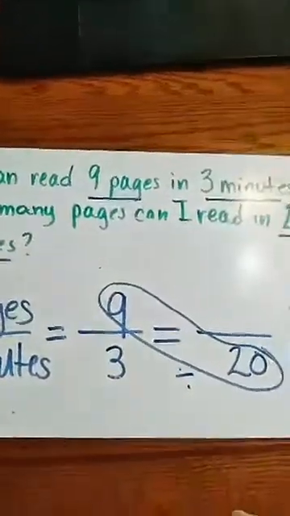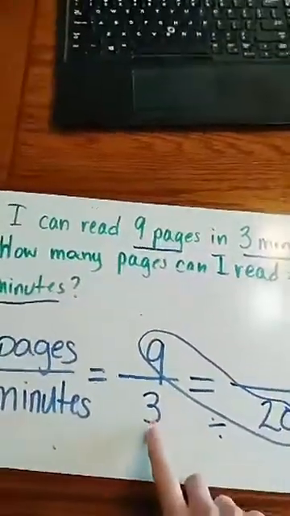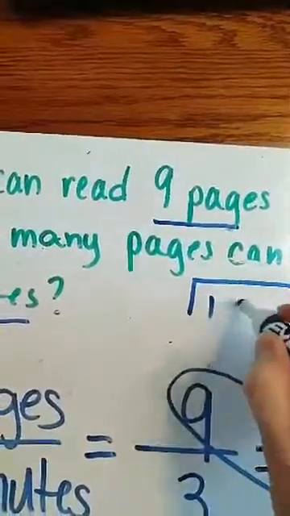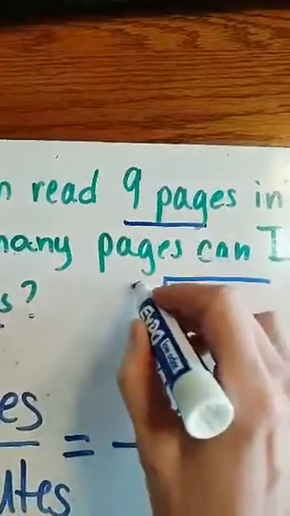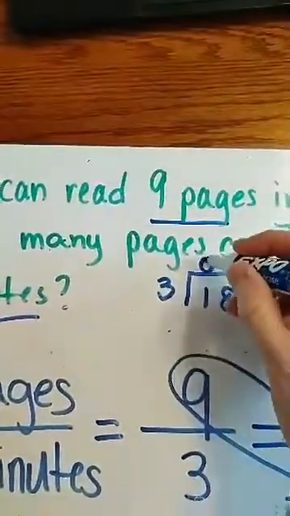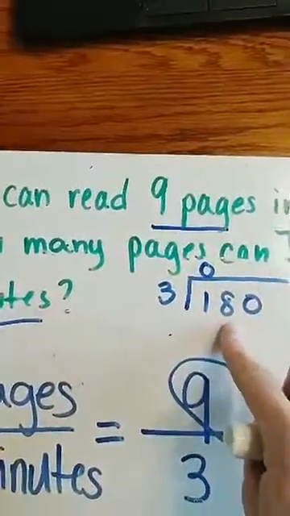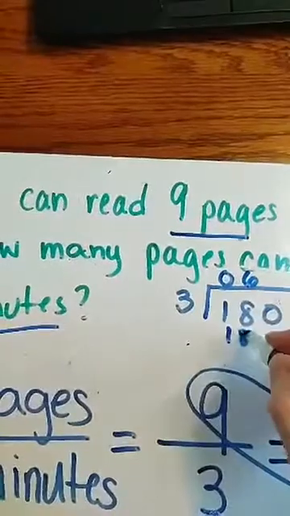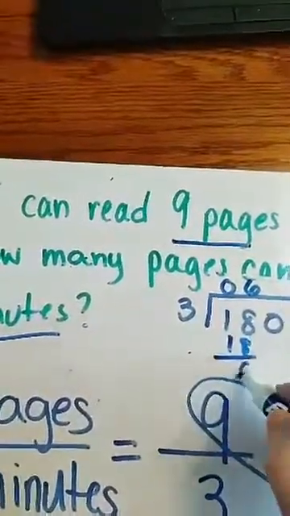This time it's not so easy. I don't have a 1 here, so I have to actually divide. I'm going to put my 180 in, and I'm dividing by 3. 3 won't go into 1, but it will go into 18. It will go in there 6 times. 3 times 6 is 18.